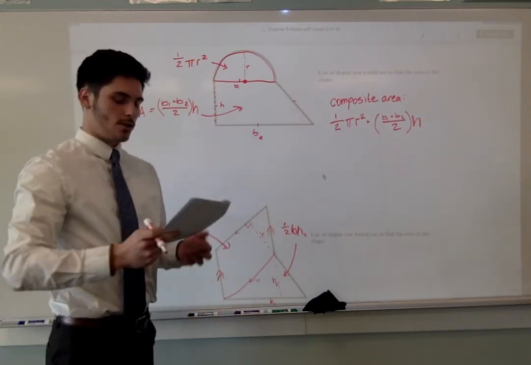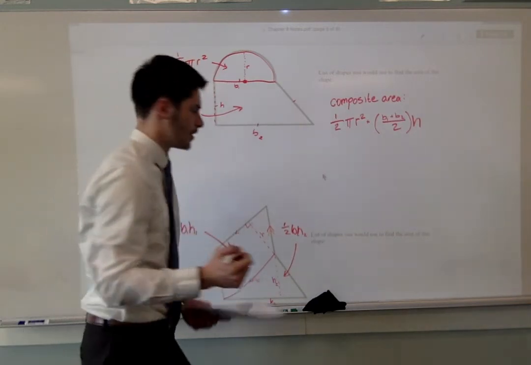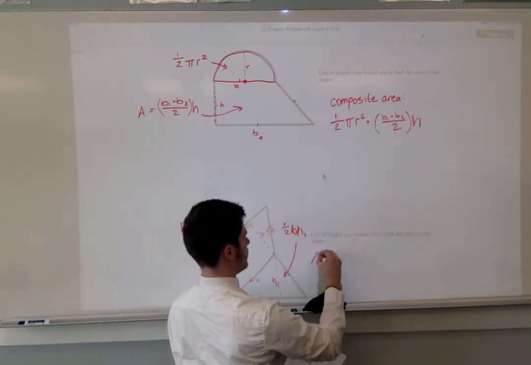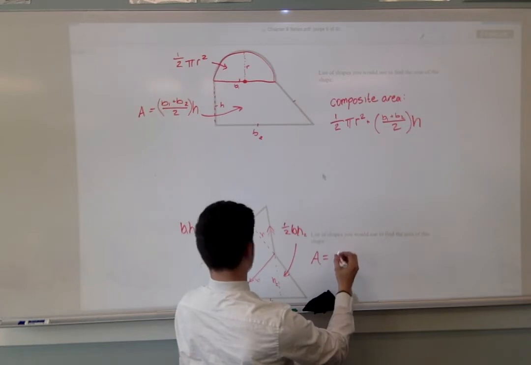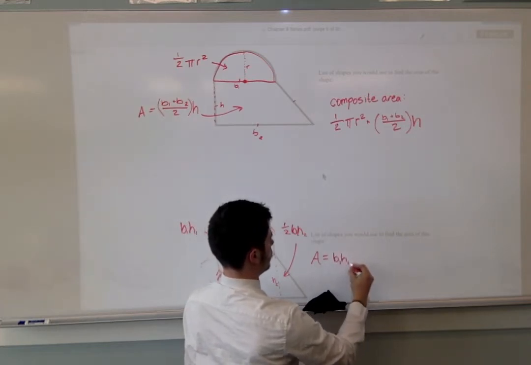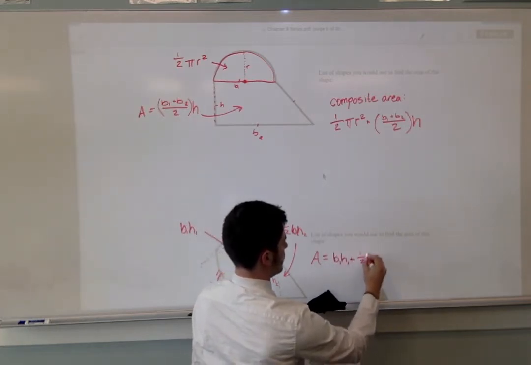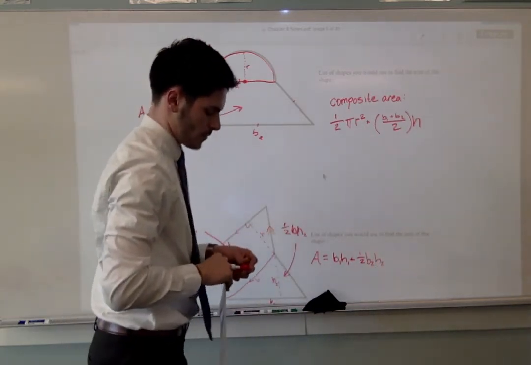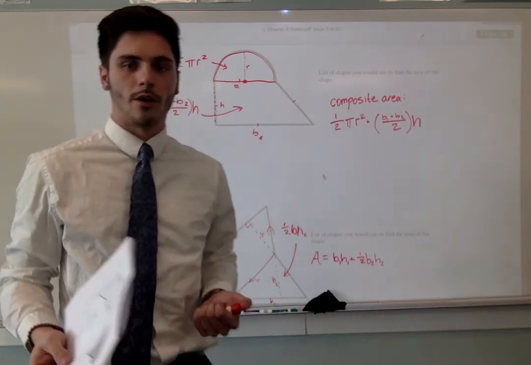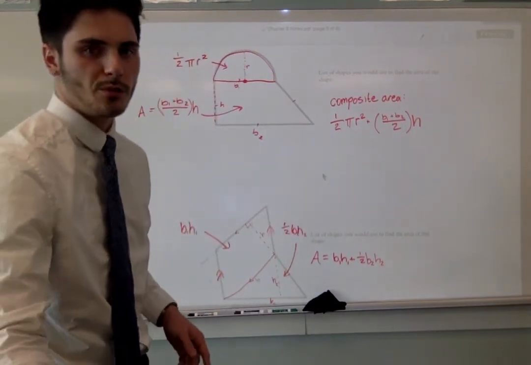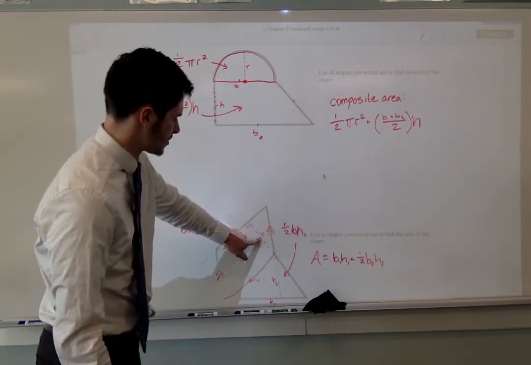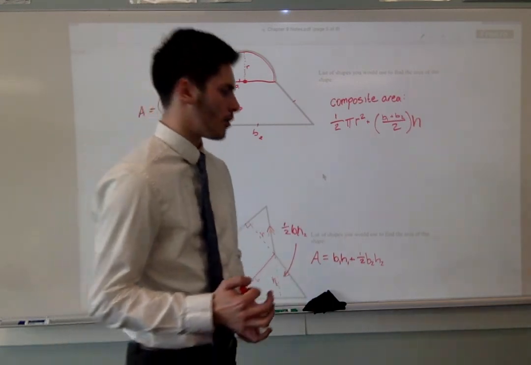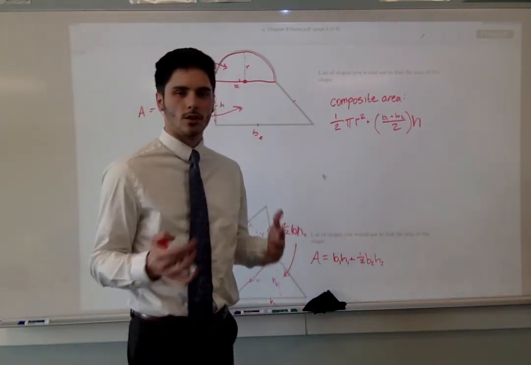So the composite area of this figure is going to be a combination of these two, right? So we're going to have A equals B1H1 plus 1/2 B2H2. And I did, once again, just use B1H1 and B2H2 because we have different measurements, and I can't say that those are always going to be the same, so we're just going to write those in this notation.